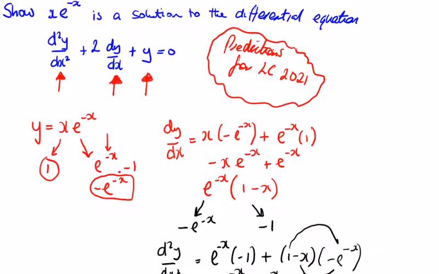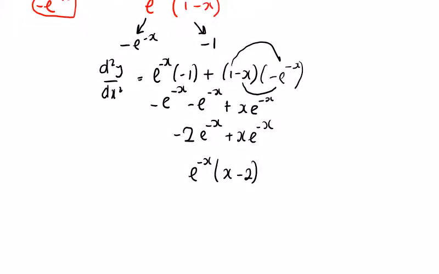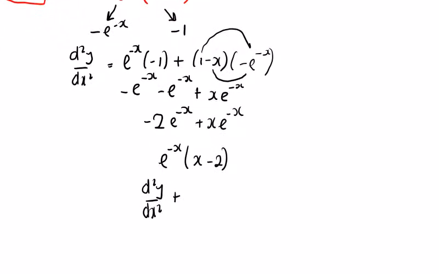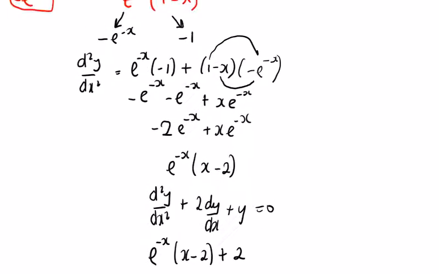Okay, let's sub it back in. What are we looking for? We're looking for this one here: d2y dx2 plus twice dy dx plus y has to be equal to 0. So we have e to the power of minus x times x minus 2, plus twice dy dx.